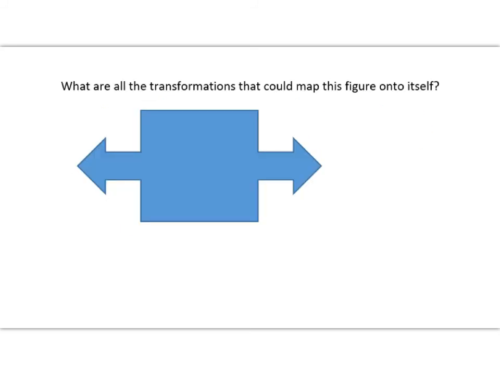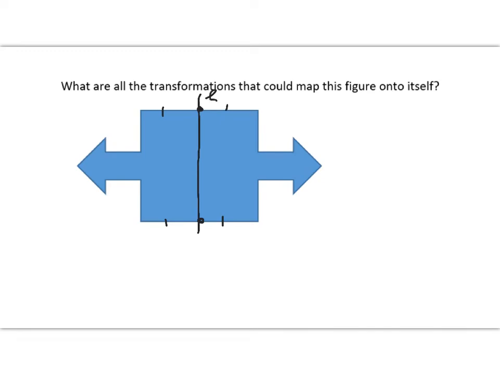Okay, what are all the transformations that can map this figure onto itself? So really what we're talking about here is symmetry. So what I could do is, let's just say this is the midpoint of these sides. So if I had this line here, that would be a line of symmetry.